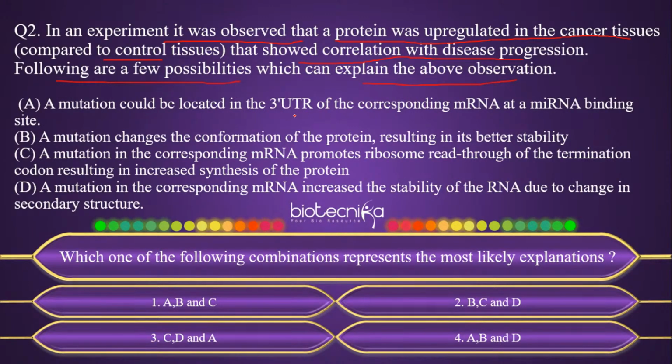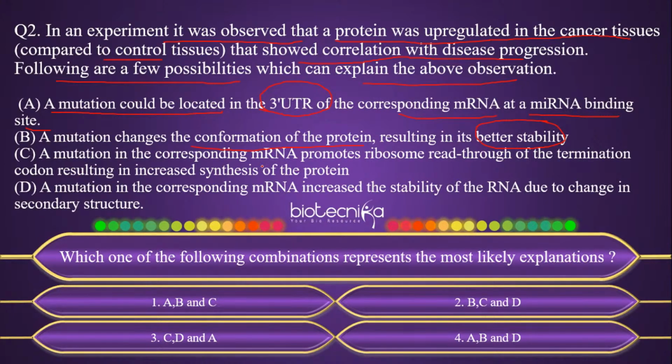So here you have to read the sentences properly. Statement A: a mutation could be located in the 3' UTR region of corresponding mRNA at a microRNA binding site. Statement B: mutation changes the conformation of protein that may result in better stability.